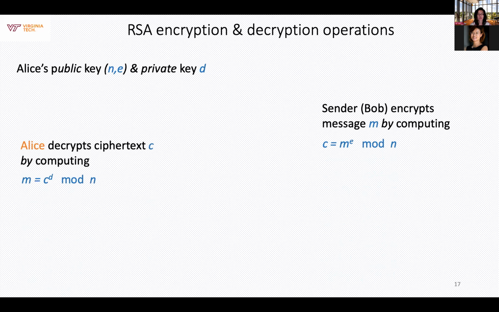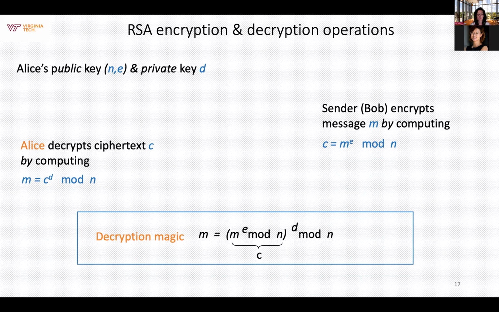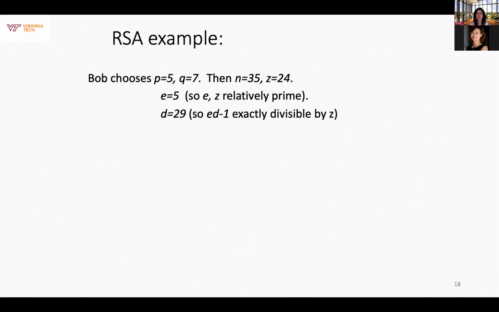This is just how you do encryption and decryption, and we're going to show you how RSA works, so you can get the original message back if you have the right key. But just before that, a little bit of examples, and this is of course very small and will not be secure, because you can just brute force and figure out the P and Q.